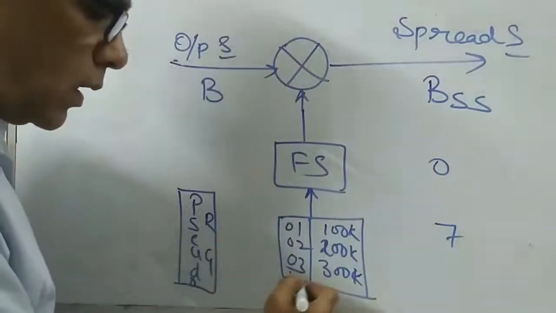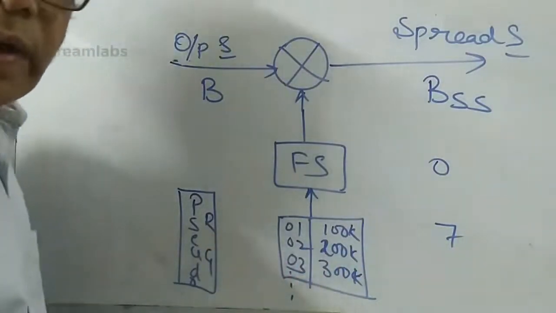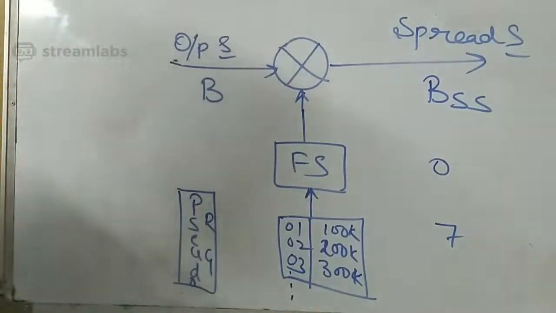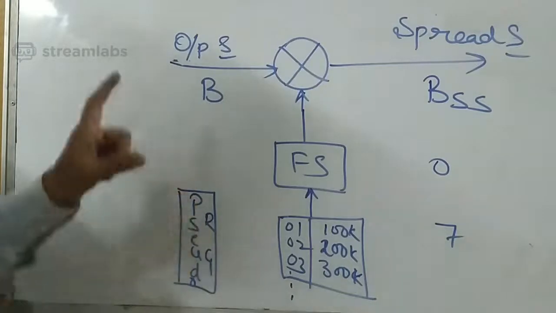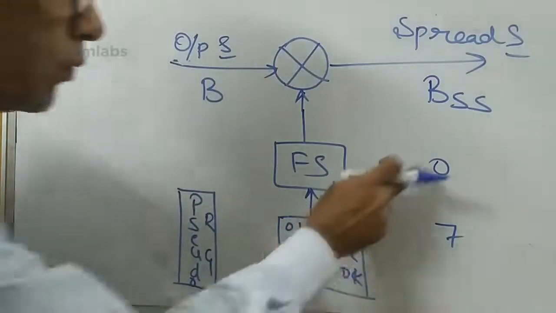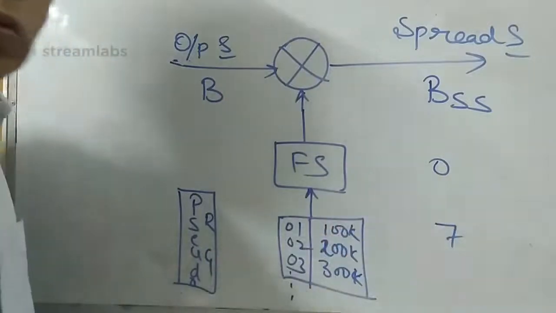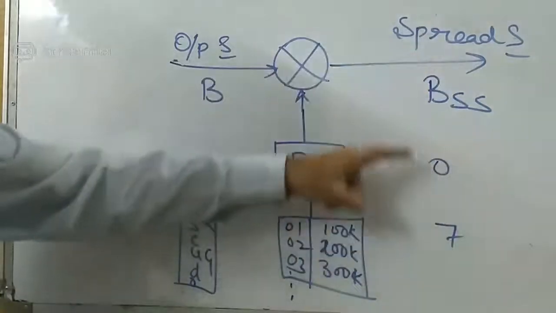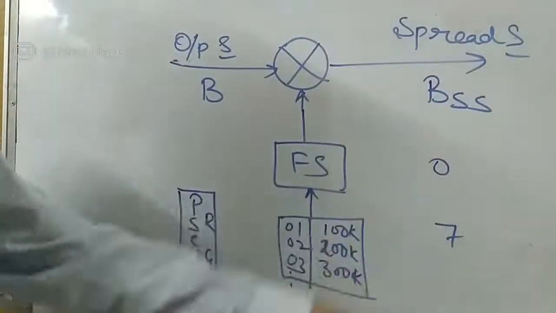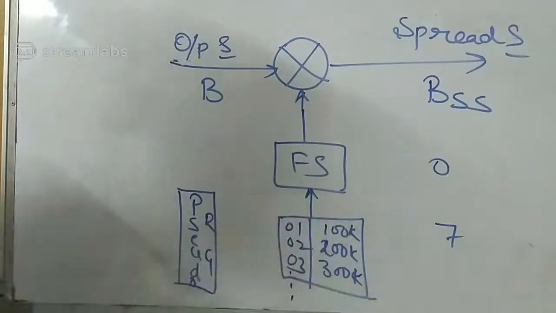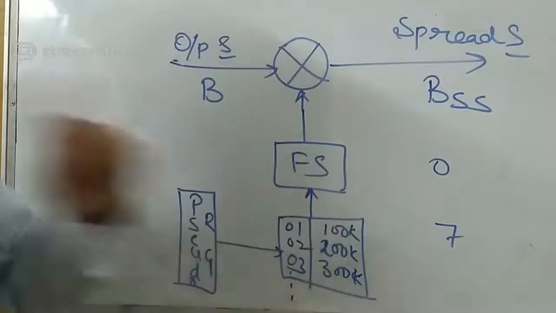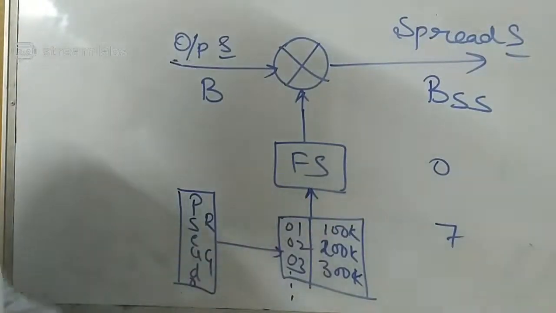At serial number 4 you have 400 kilohertz, at 5 you have 500 kilohertz, and so on. The pseudo random generator will generate a number in the range of 0 to 7. This is an example; normally it will not be such a small range, the list will be bigger. Whatever number it generates will be input to this lookup table.